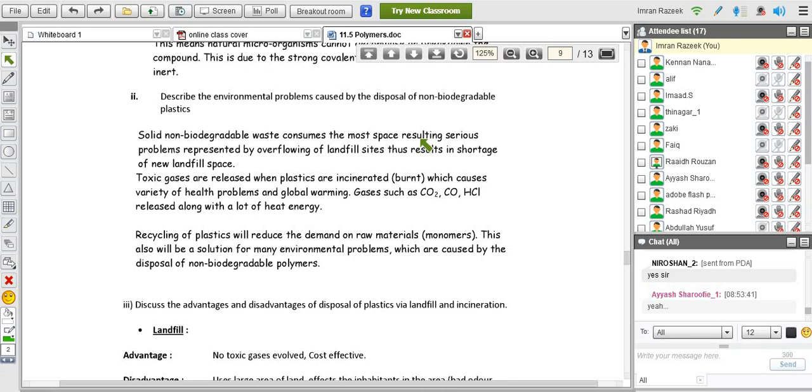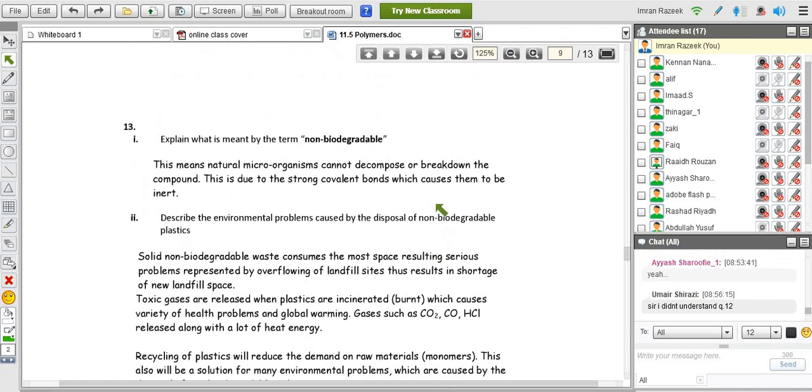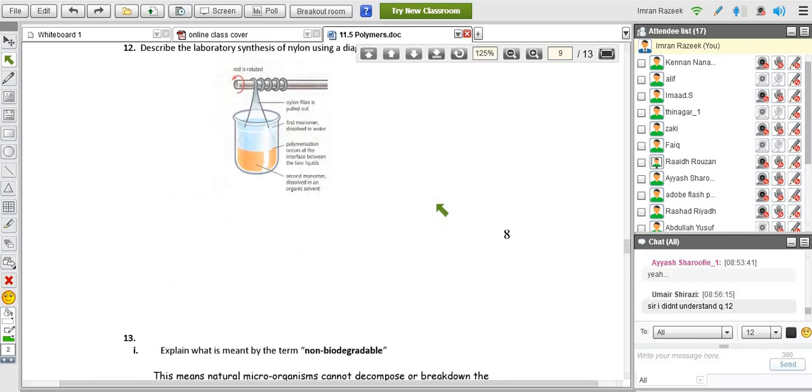When heated, they release gases such as carbon dioxide, carbon monoxide, and hydrochloric acid, and a lot of energy as well. So the only solution is to minimize the usage of these plastics and also recycle them whenever possible.